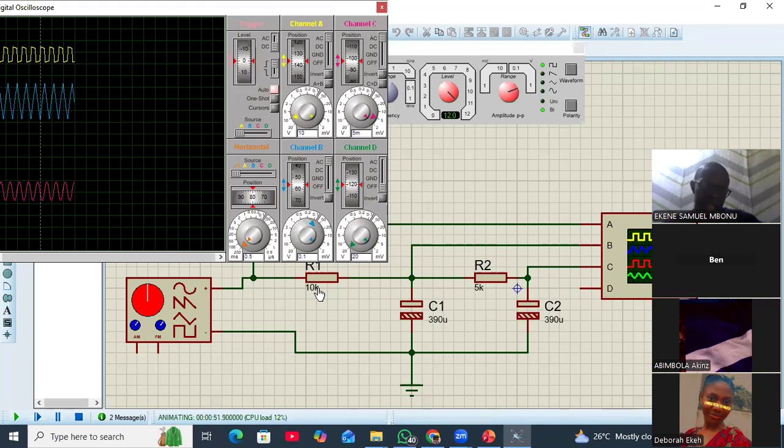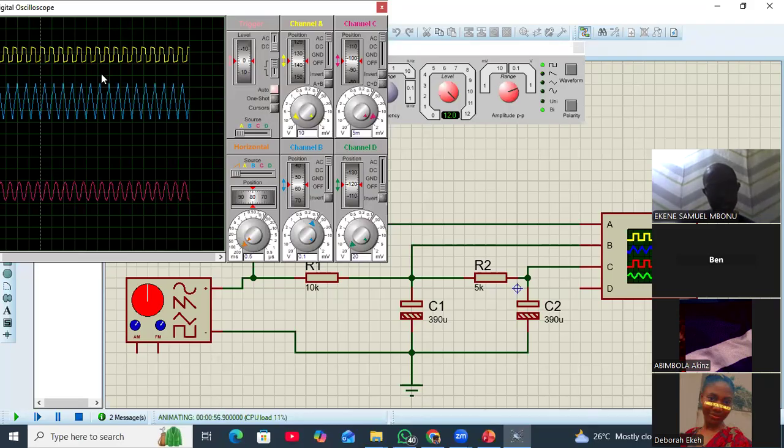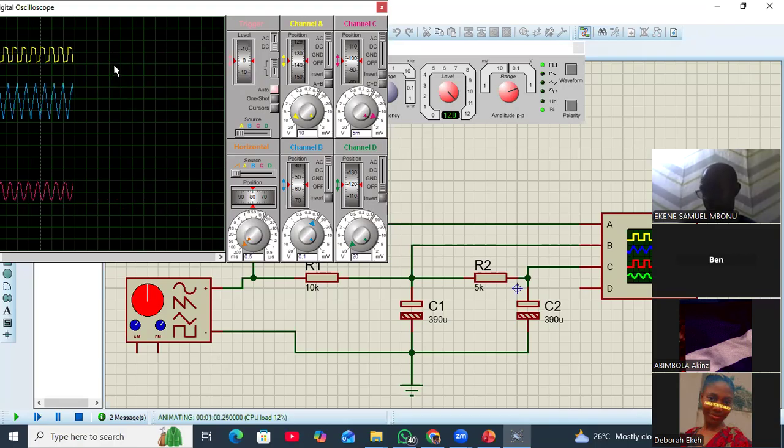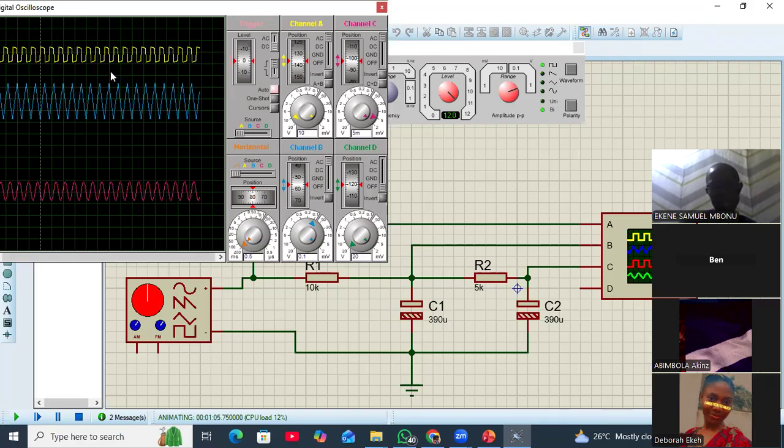Well, I don't know whether you know the way an inverter works, but at least you know that an inverter takes DC voltage. You are aware. The input to an inverter is DC voltage from a battery.